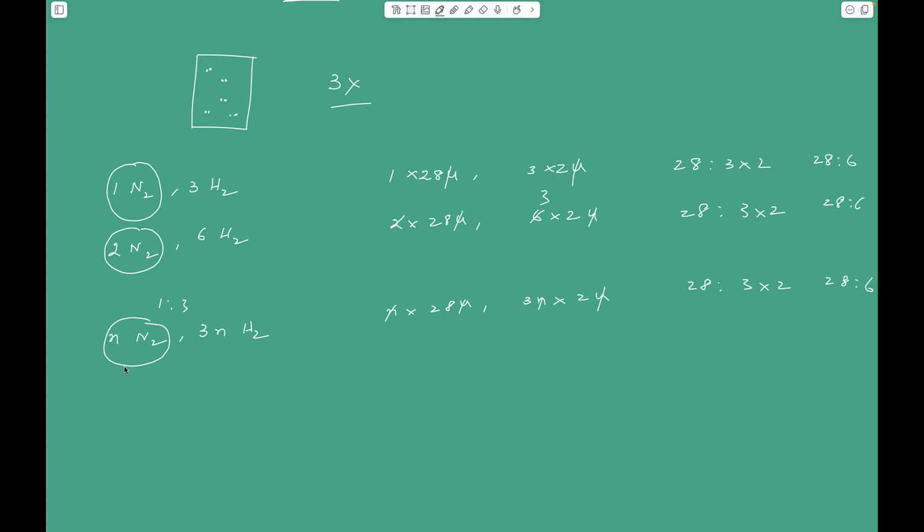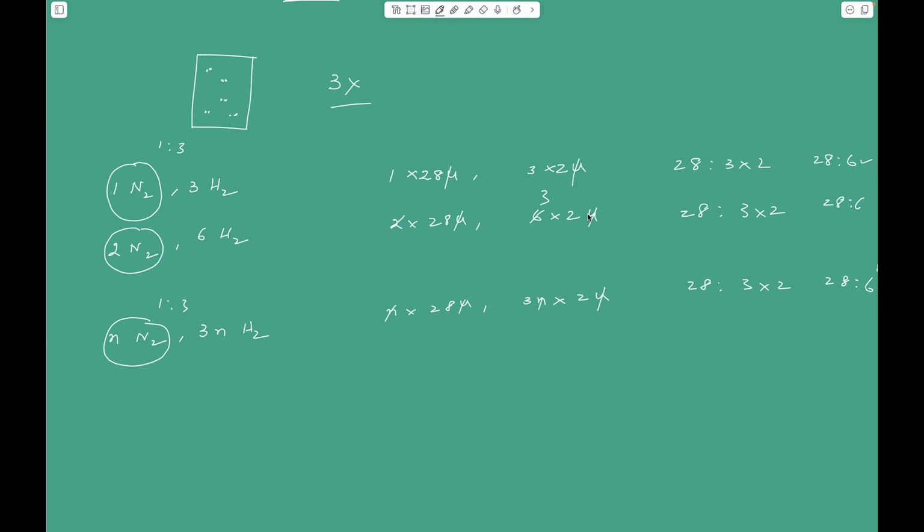So in all these instances, the nitrogen and hydrogen molecules are in the ratio of 1 to 3. And if you look at the ratio of their masses, interestingly, and of course obviously, it is the same. In each of these cases, it is 28 to 6. Now, what did we understand from this?